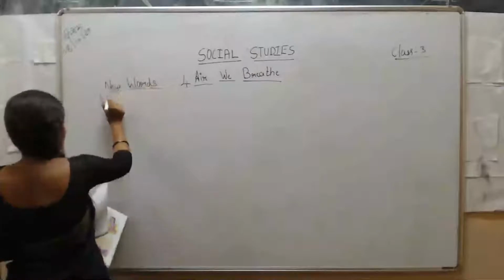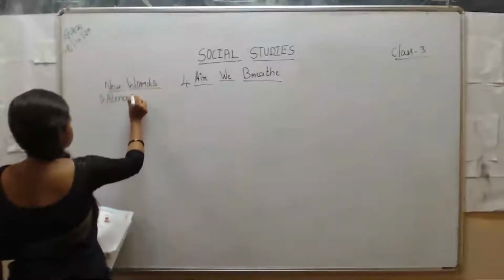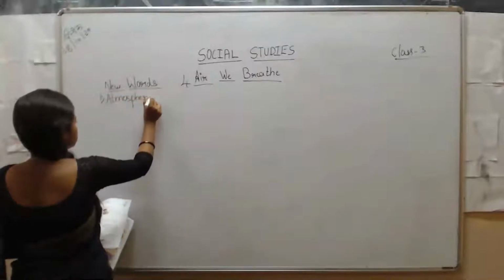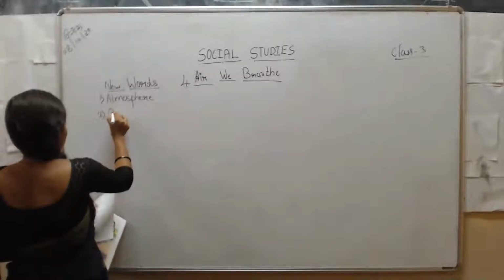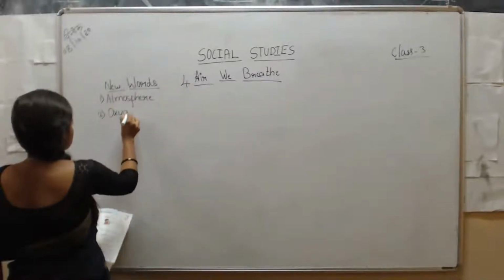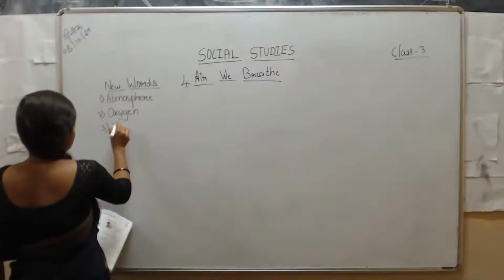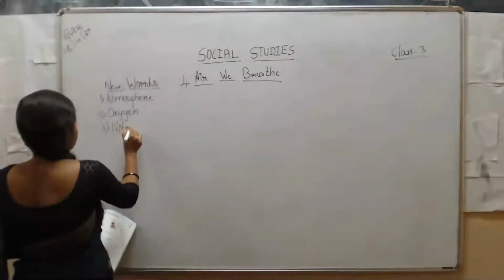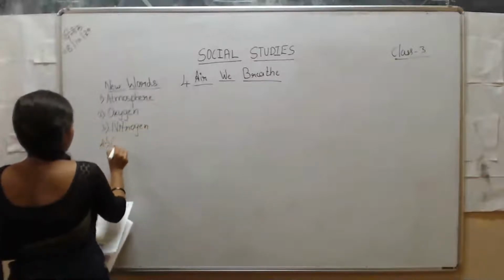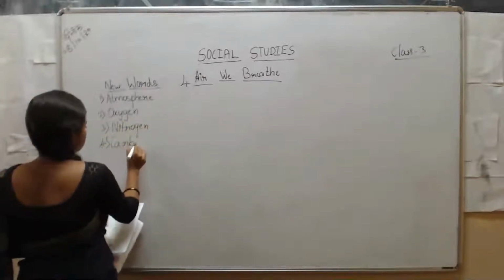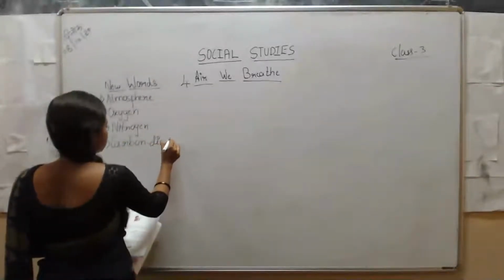First one, atmosphere. Second one, oxygen. Third one, nitrogen. Fourth one, carbon dioxide.